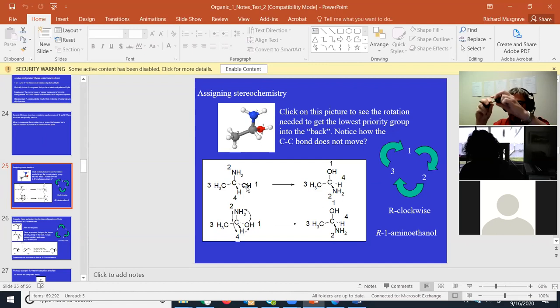Okay, so I've got a carbon here. I'm going to put 4 different things on it. I'll put a blue for the nitrogen. I'll put a red for the oxygen. I'll put a yellow for the hydrogen. And I'll put a black for the carbon here.